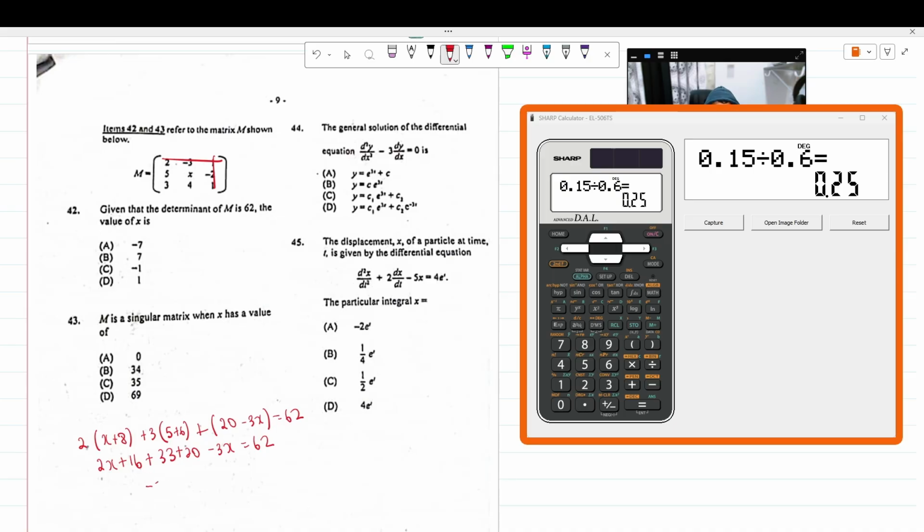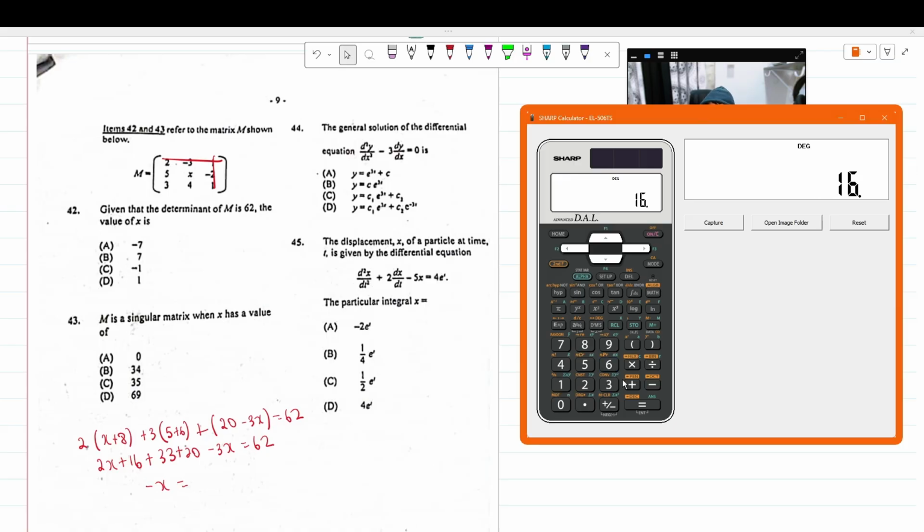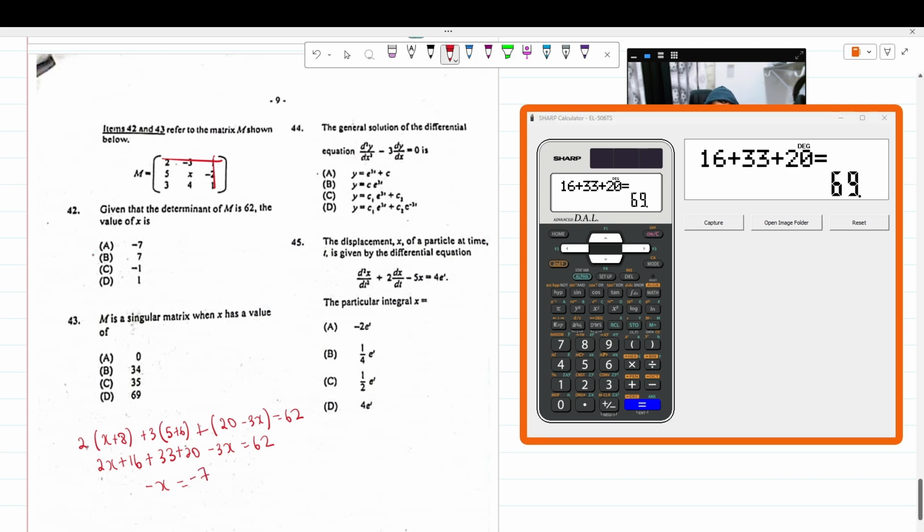I'm getting minus x is equal to 16 plus 33 plus 20, 69. When I move the 69 across, it becomes minus 69. 62 take away 69 is minus 7. So x is 7.